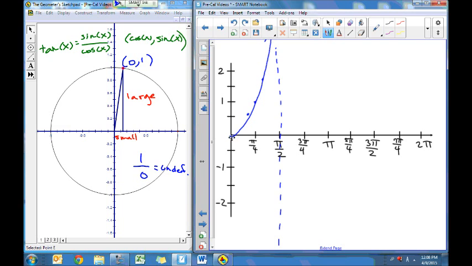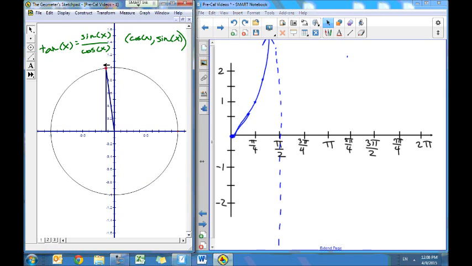That's maybe not the best curve, so I want to try again. It'll look something like that where it's curved. Okay? So keep in mind that there's an asymptote at pi halves, and that happens because that's where cosine is equal to 0. Okay, let me keep going around the circle.